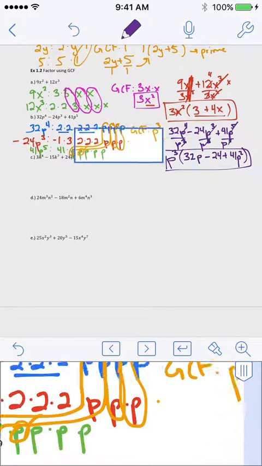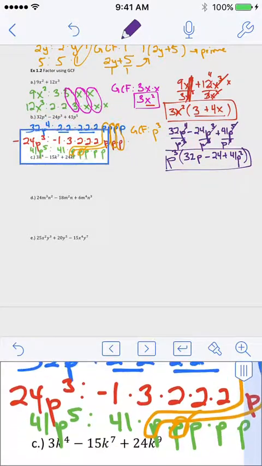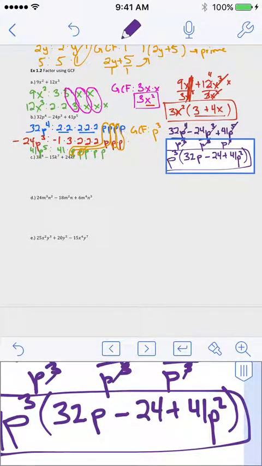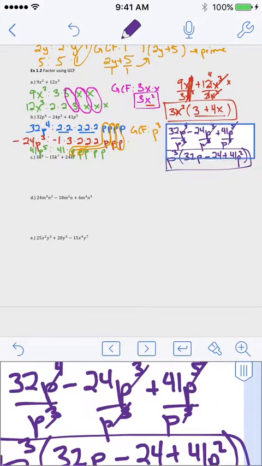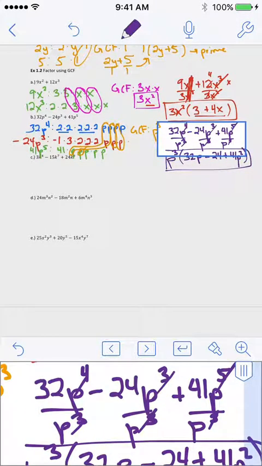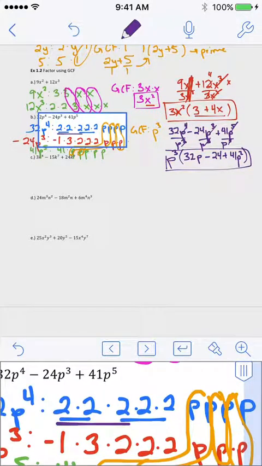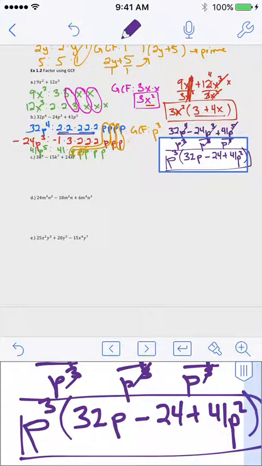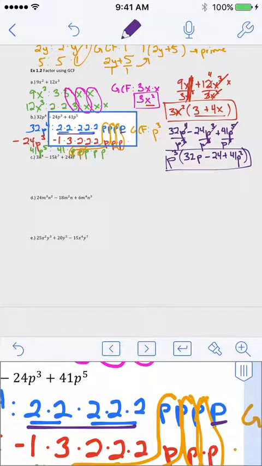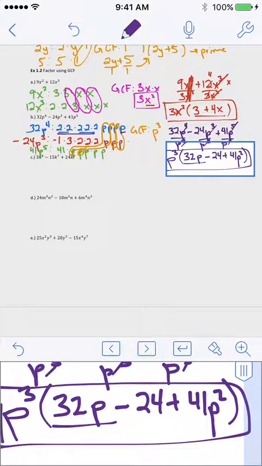Now, you may have noticed that what is left over here is going to be what's left over there. If you notice that, that's okay. Feel free to skip this step. But I always like to divide by the GCF because then I know if I actually got something right, okay? So I always like to keep this step. But if you can see that these 2's remain, and therefore, these 2's and a p remain, and if you stick them back together, you get 32p, you're welcome to do it that way as well.